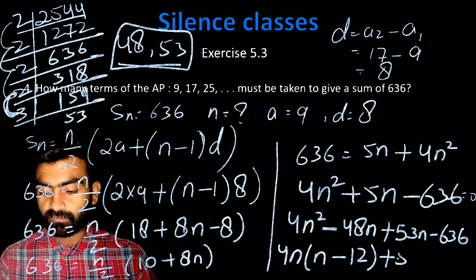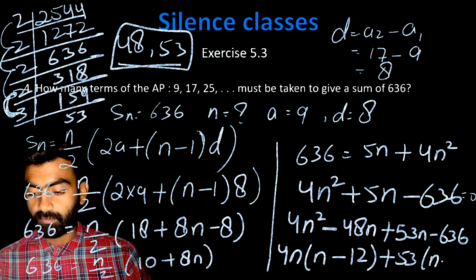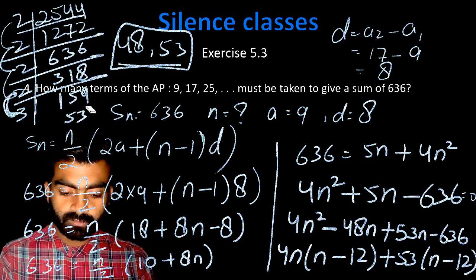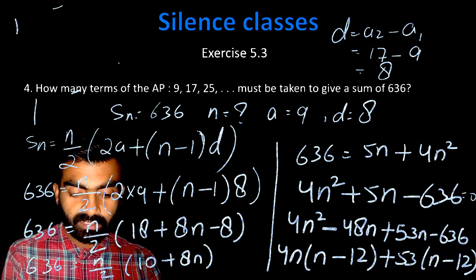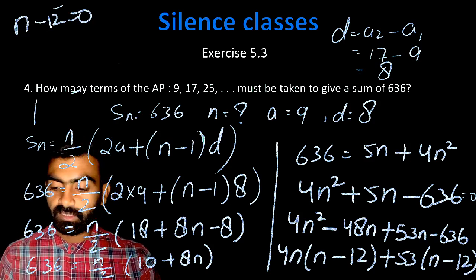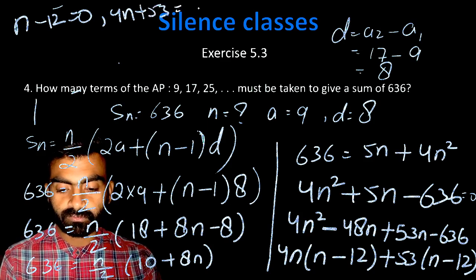If I take 53 as common, we get n minus 12. 53 multiplied by 12 gives 636. So we get two values: n minus 12 equals 0, and 4n plus 53 equals 0.